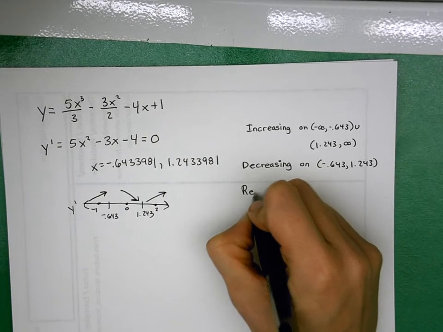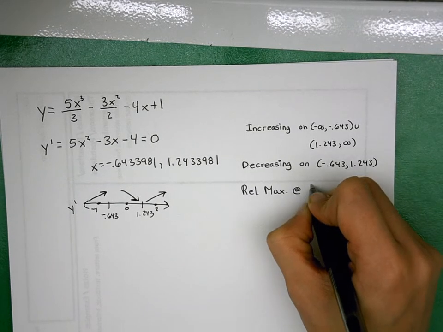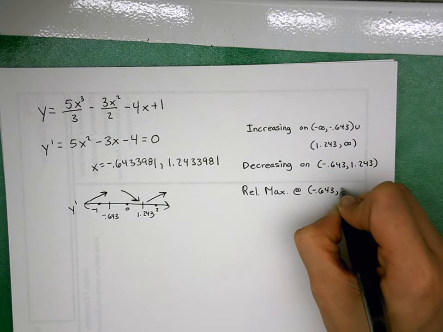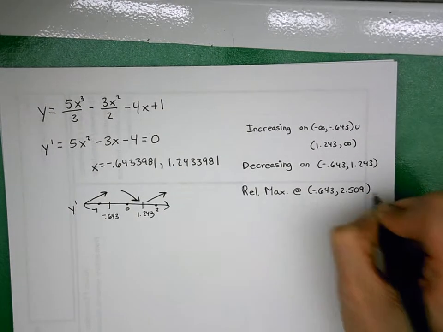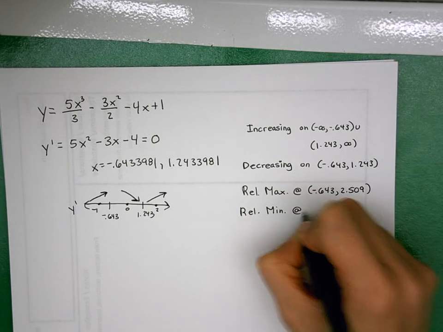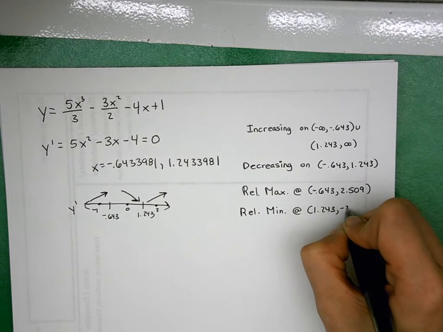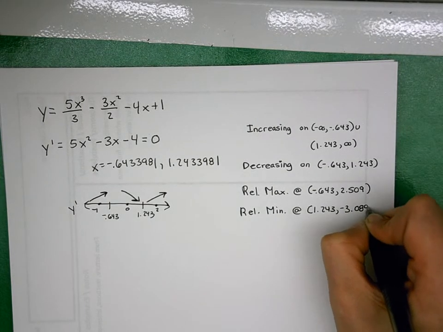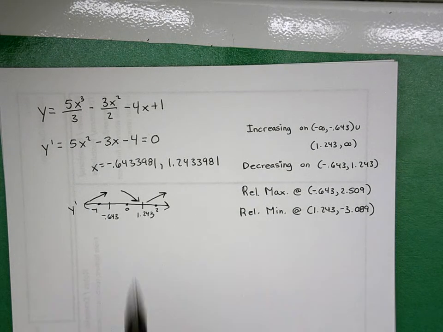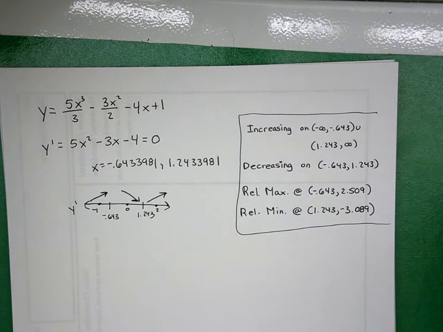I have a relative max at -0.643, 2.509, and a relative min at 1.243, -3.089. And again, we find y values by taking our x values and plugging them into our original equation there. And there you go.